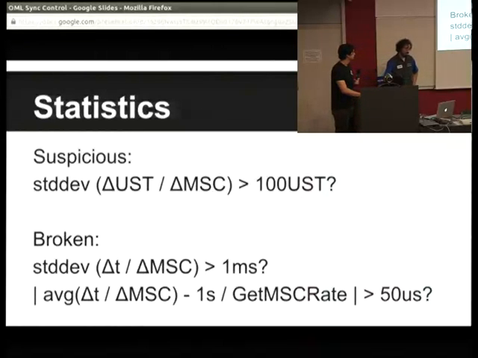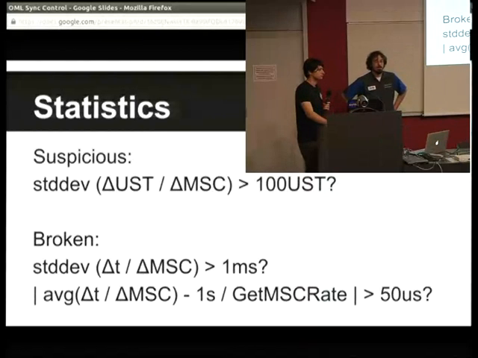Slightly less obvious, we do some statistics. I mean, what we really want to know is, is the driver actually swapping during the vertical blanking interval, or is it just doing it whenever it pleases? We check two different things. One is, is UST advancing at a consistent rate with respect to the rate that MSC is advancing?